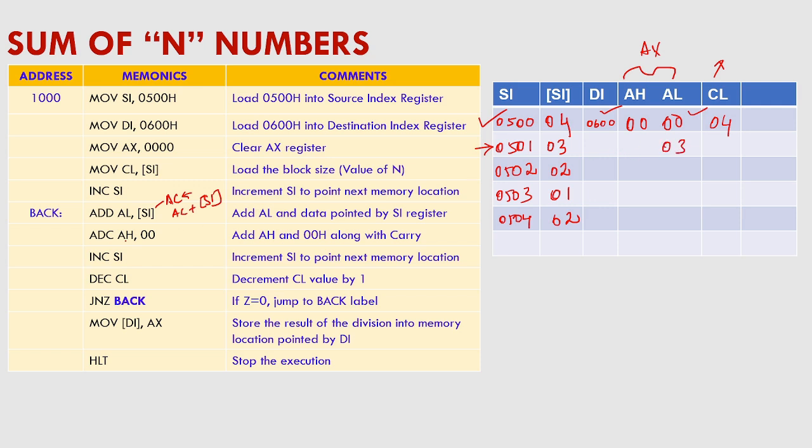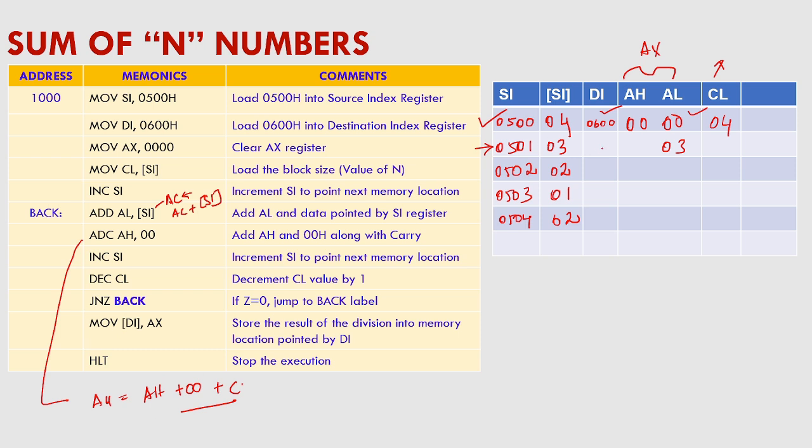Now ADC AH, 00. What will this instruction do? AH equals AH plus 00 plus the carry. So it adds AH and 00H along with the carry.